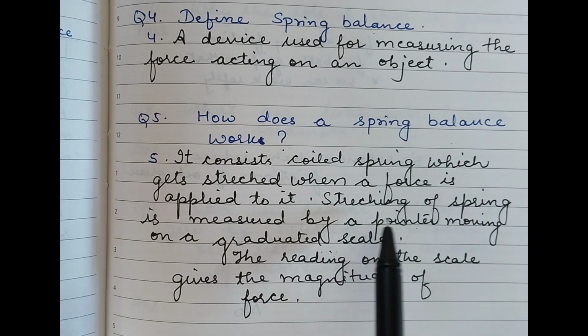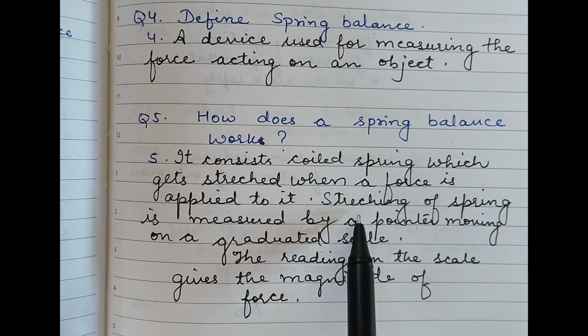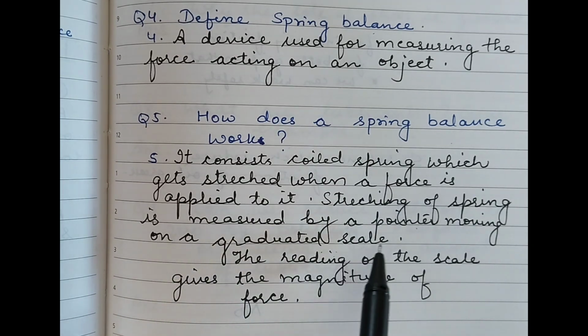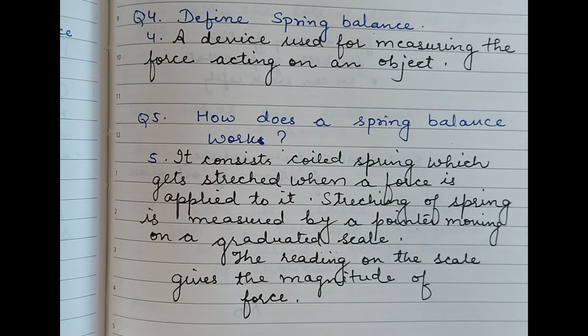Stretching of the spring is measured by a pointer moving on a graduated scale. The reading on the scale gives the magnitude of the force, means strength of the force. So the spring stretches when a force is applied, and the stretching is measured by a pointer moving on a graduated scale. The reading on the scale gives the magnitude of force.